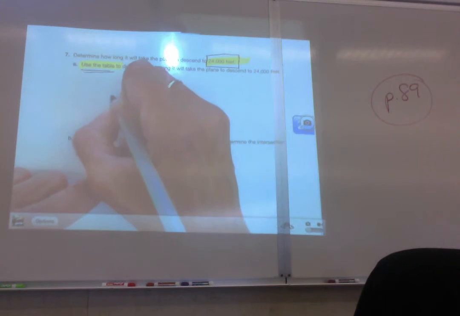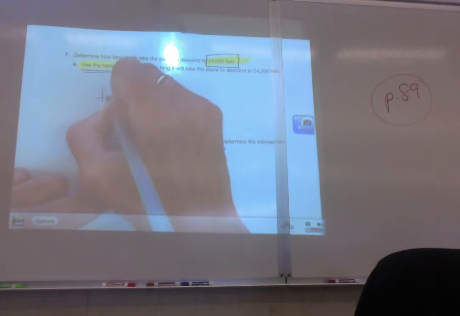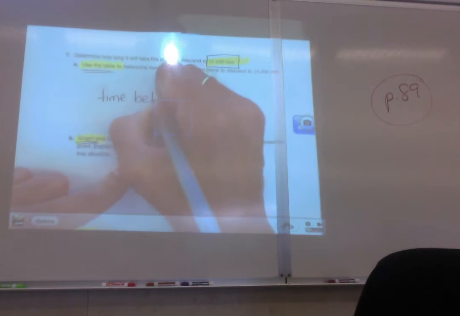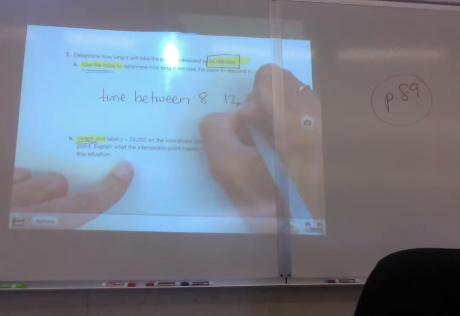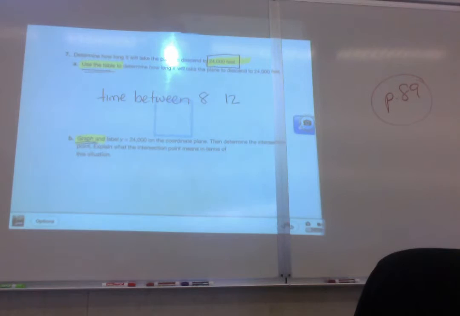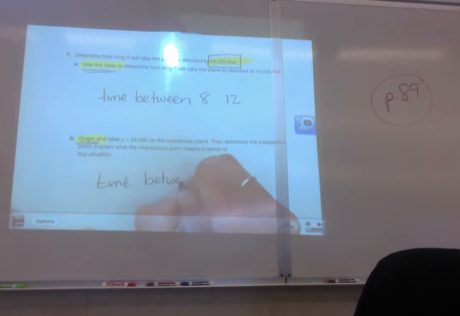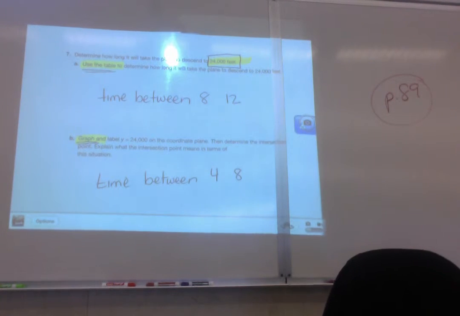What did you think the time was between? 8 and 12, I heard somebody say. Okay? When you're looking at the graph, what was it between? It was between 4 and 8. So it narrowed down a little. But it looks like 7.32.